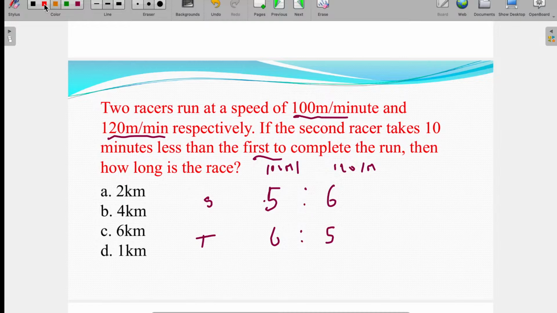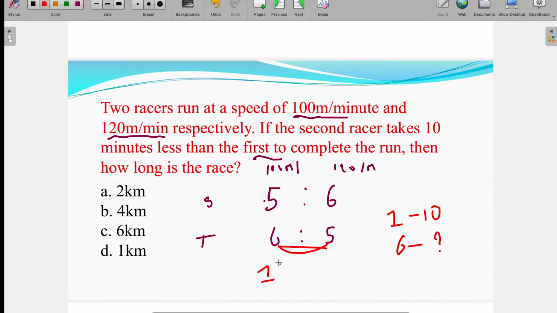Remember that, because actually we need it in seconds. Okay, this is in minutes, we will do that later. But the ratio will be 5:6 only. Here 6:5, the difference will be 1 part. 1 part is equal to 10 minutes, so 6 parts is equal to how much? 60 minutes, that is 1 hour.